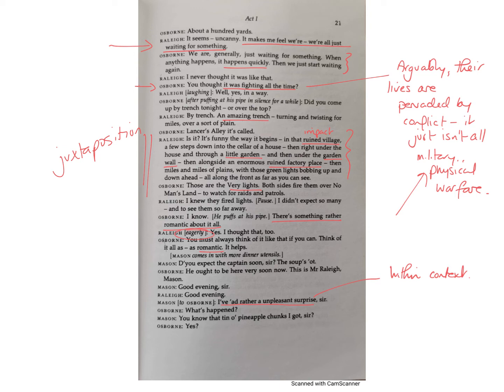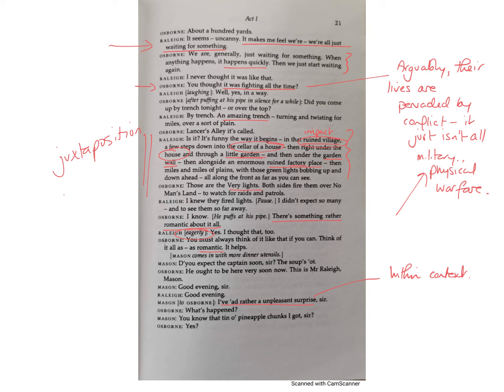So the juxtaposition of the kind of pre-war and during the war ways of life, that there is a ruined village, the cellar of a house, a little garden, a factory garden wall, but over all of that domestic, all of that kind of village lifestyle, house, comfortable kind of normal life, is now placed warfare and battlefield.